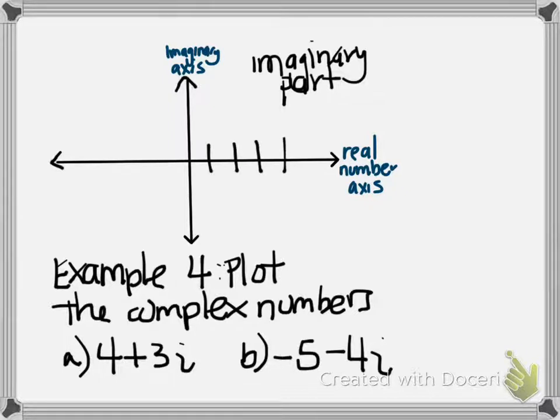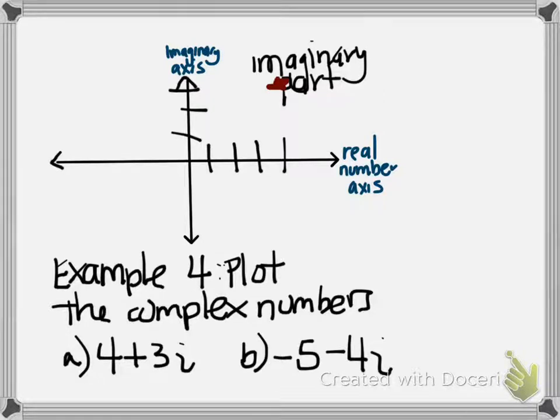That represents the 4. Then from here, we go 3 spaces up on the imaginary axis: 1, 2, 3. That gives you the point 4 plus 3i.